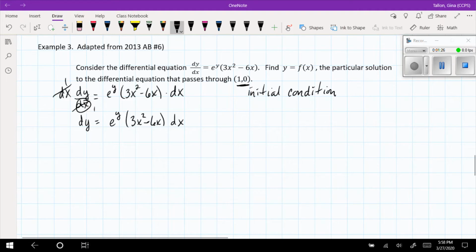So e to the y is a factor on the right-hand side of the equation. I'm going to divide by that factor to make it go away, and I'll divide by the factor on the left-hand side of the equation as well, and it will bring that factor to the left. I'm going to clean this up and call this e to the negative y dy is equal to the quantity of 3x squared minus 6x dx. Okay.